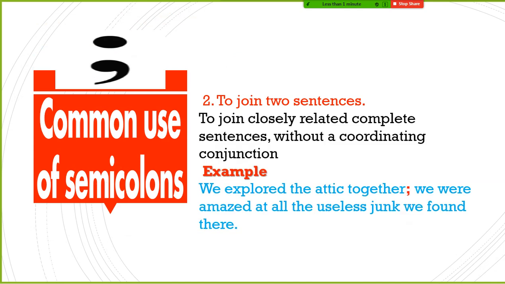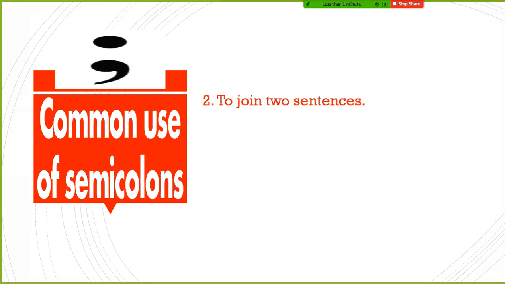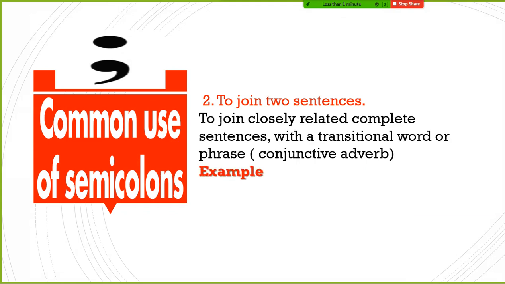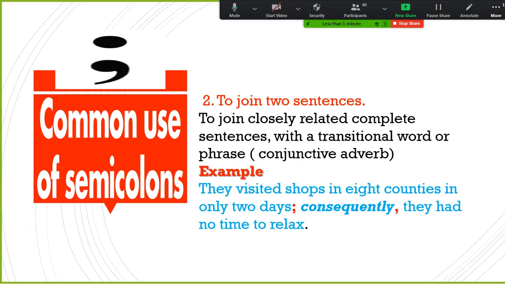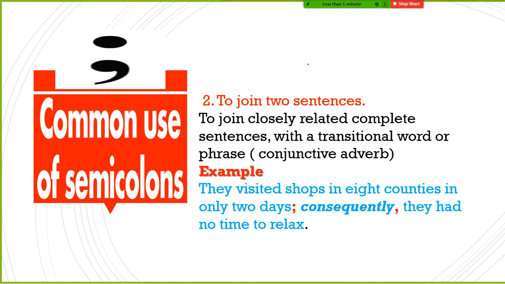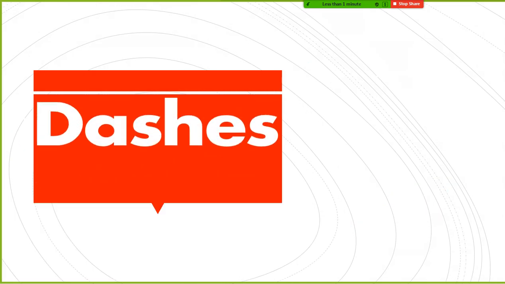Instead of using one of the FANBOYS, I can use the semicolon, or I can use the semicolon also with the conjunctive adverb. If you remember the conjunctive adverb, like "consequently," it is preceded by a semicolon and followed by a comma. This is the semicolon and its usage.